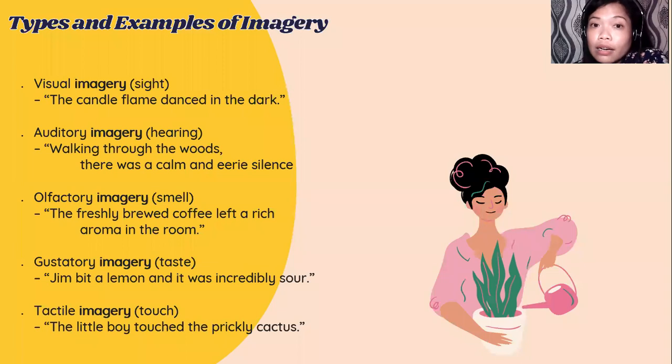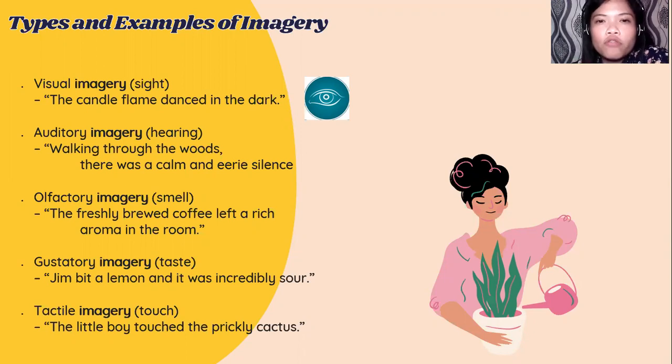These must appeal to the reader's mind when they are reading a certain piece of writing. So the first one is visual imagery. It has something to do with your eyes, you have the sight.